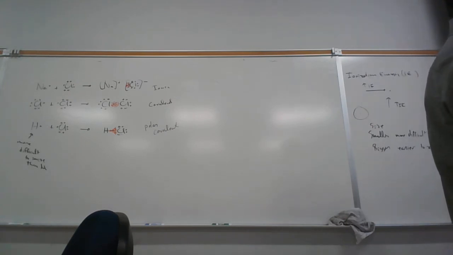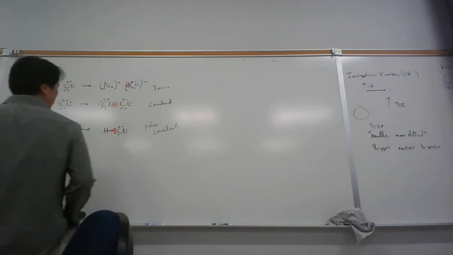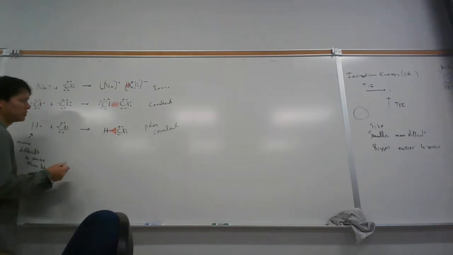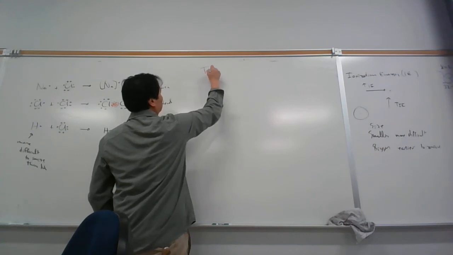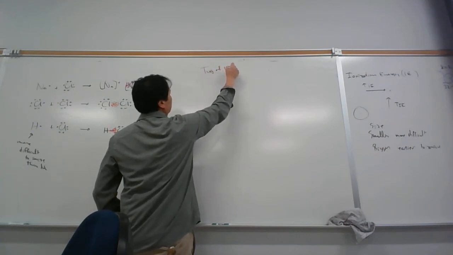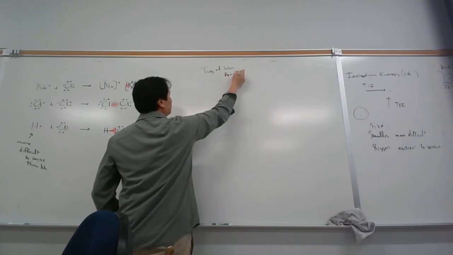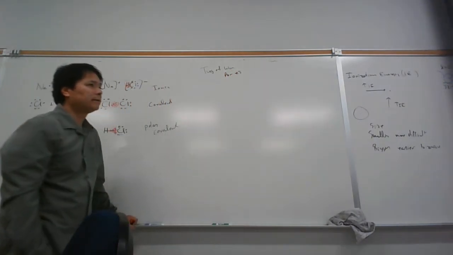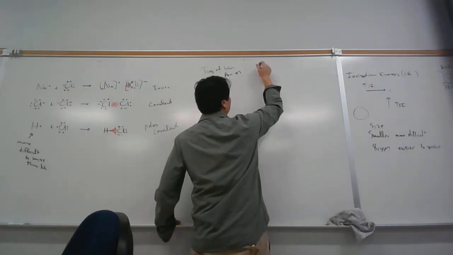So what we're going to spend most of our time doing, well, how hard it is to ionize depends on something called electronegativity. There's a tug of war for electrons. And the strength is going to be given by the electronegativity table.